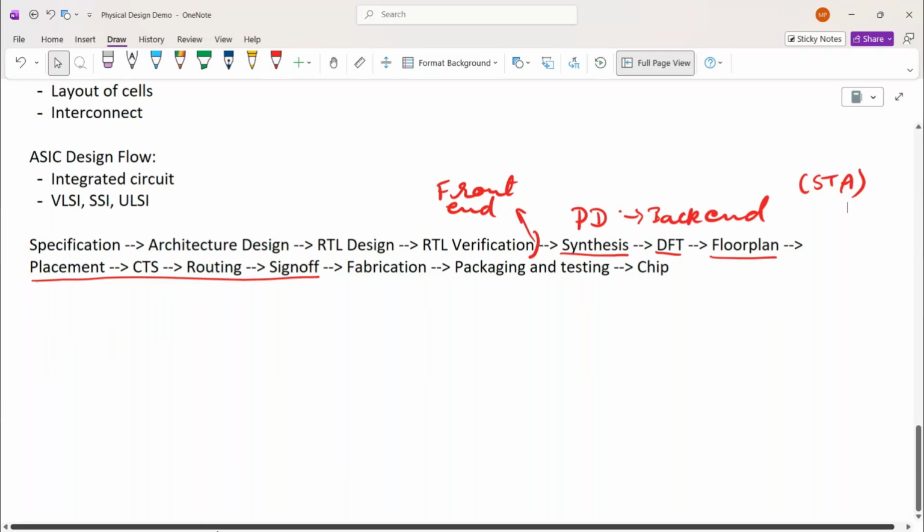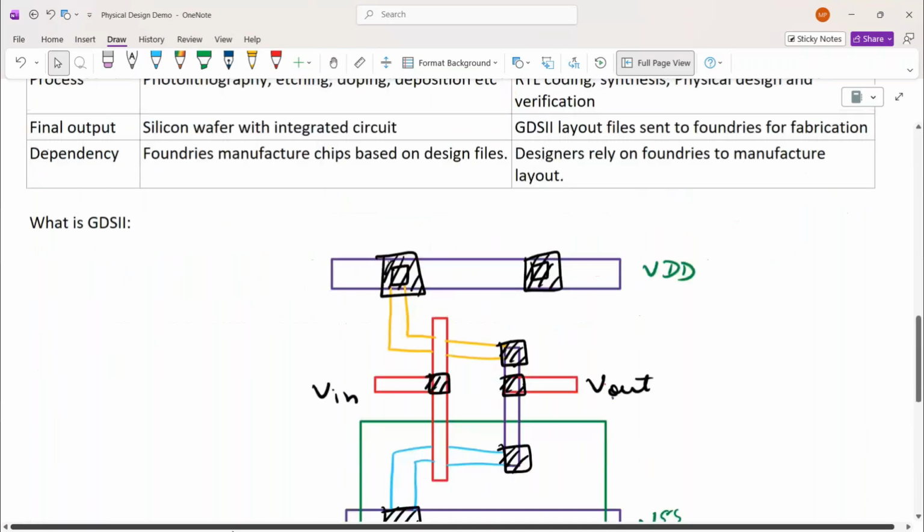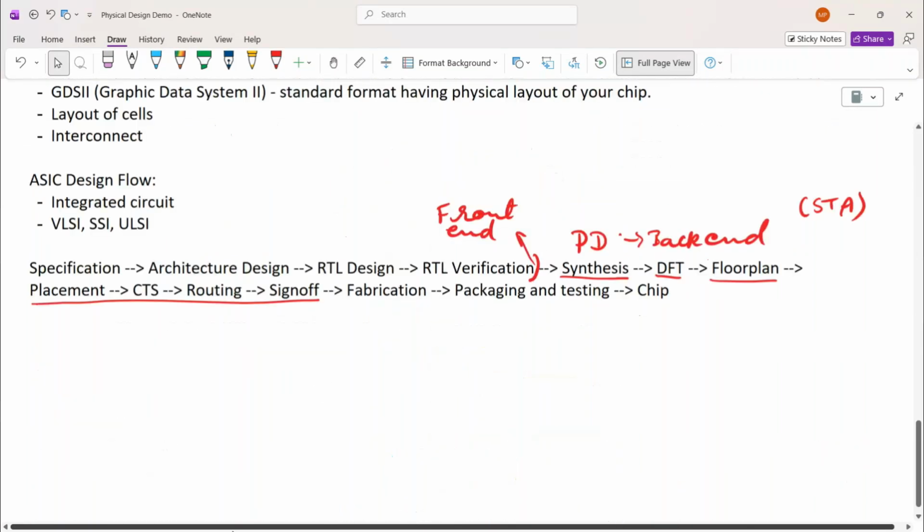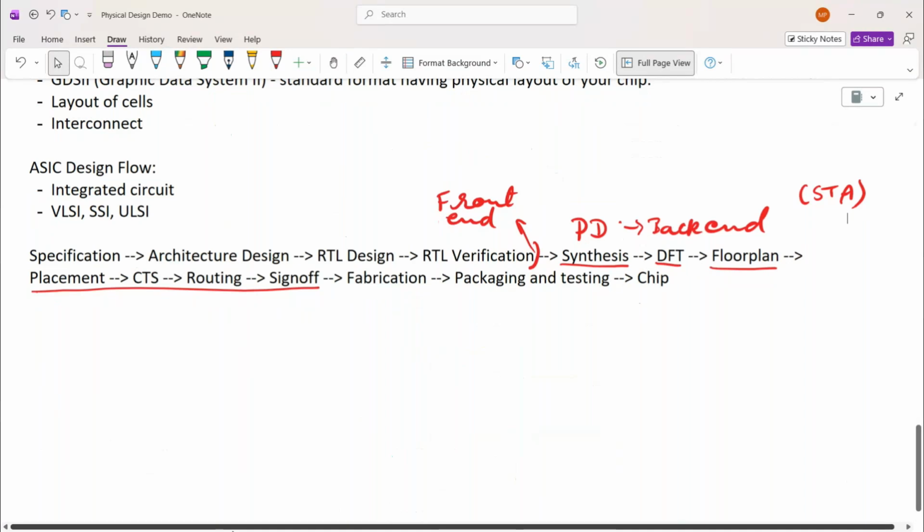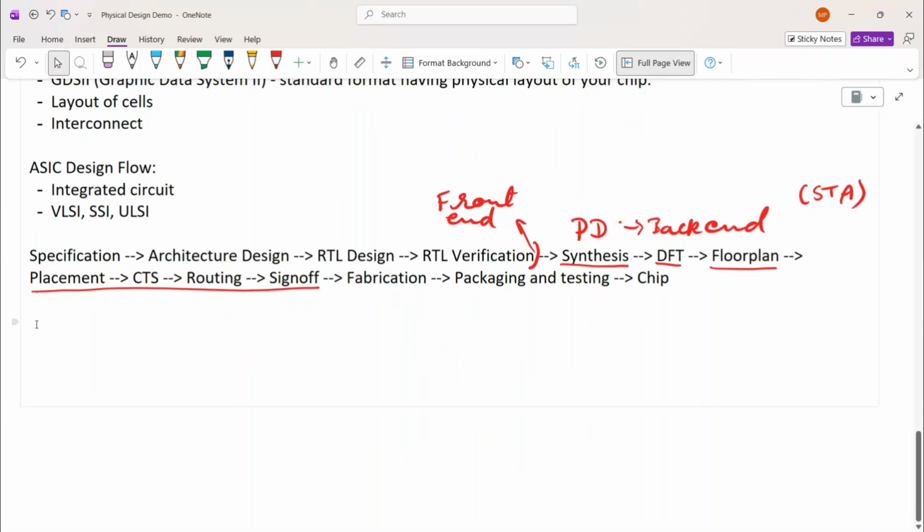Okay, so now I will walk you quickly through the ASIC design flow. The very first is specification. See, any chip is first an idea, right? I am a client. I want some chip to be prepared which has to maintain a certain temperature.